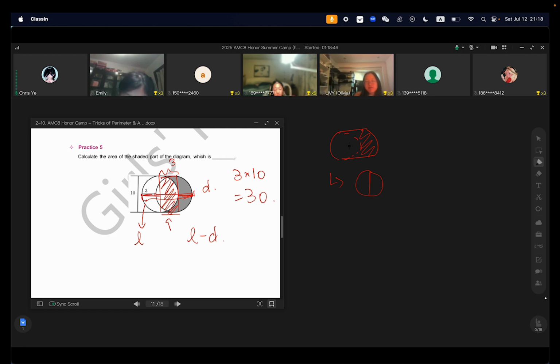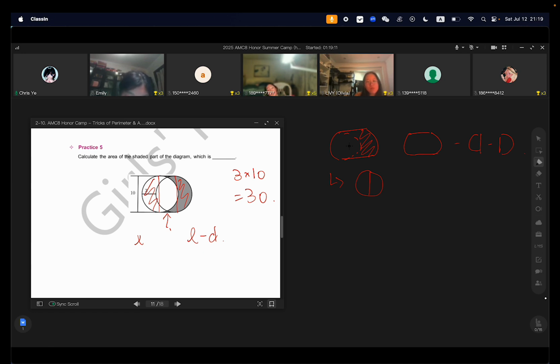So the shaded part is also going to be the whole shape minus two semicircles. The area is going to be the same. And we can just divide both of these circles up into two semicircles, which are going to be this. So that means that the area in the middle is going to be the same as the shaded part. Get it?